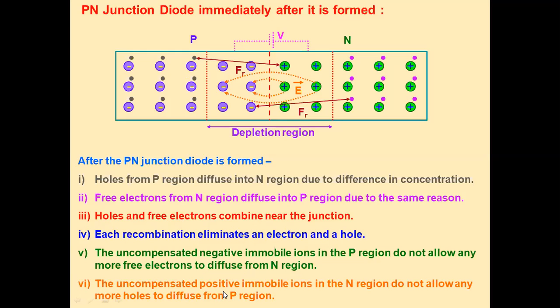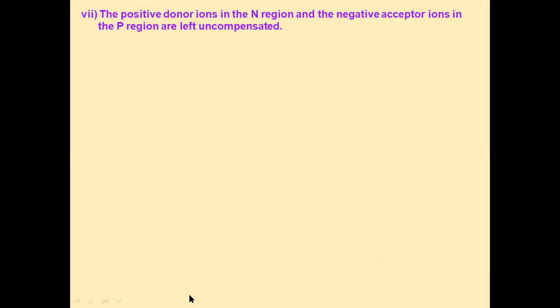Same thing, the uncompensated positive immobile ions in the N region do not allow any more holes to diffuse from the P region. So the positive donor ions in the N region and negative acceptor ions in the P region are left uncompensated.